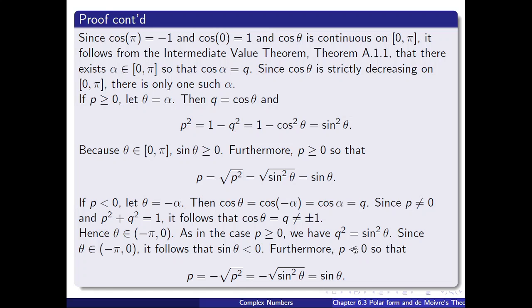That's what we assumed. So what it means is p will be equal to minus the square root of p squared, which is equal to minus the square root of sine squared theta, which is equal to sine theta, right? And this is because sine theta is less than 0.